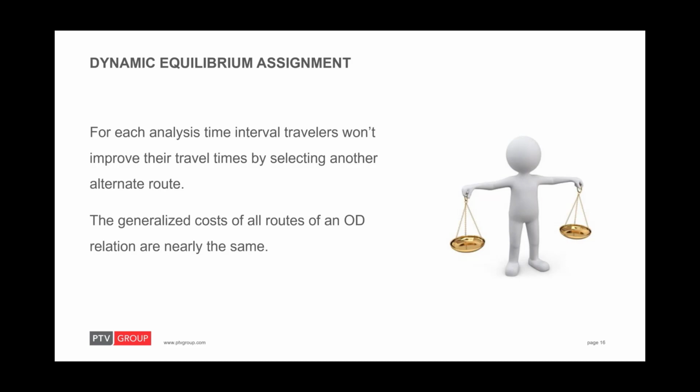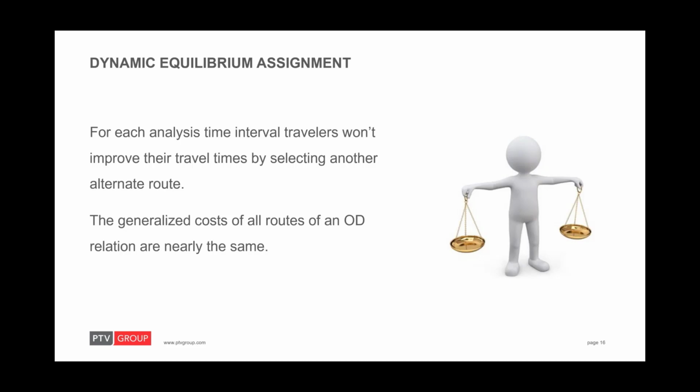Speaking about convergence, we are looking at a dynamic equilibrium assignment in this case. So for each analysis time interval, travelers won't improve their travel times by selecting another alternate route. So this is the same Wardrop principle that applies as in the case of static assignments. It's just that it is extended to the different time intervals that are being modeled in this case.